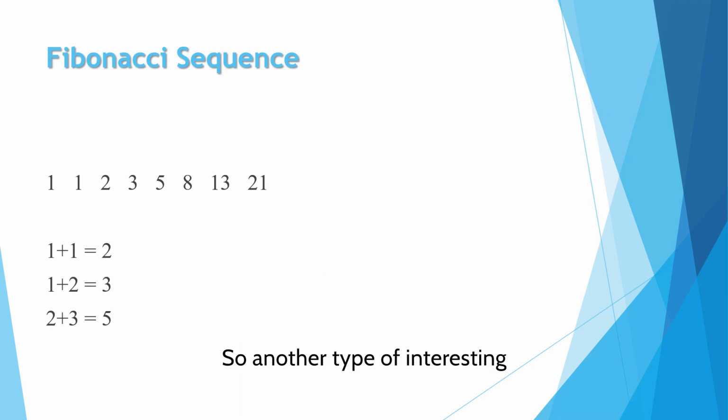So another type of interesting sequence is called the Fibonacci sequence. Again, there is no fixed ratio or difference between adjacent terms, and it is formed by finding every new term by adding the previous two terms together.